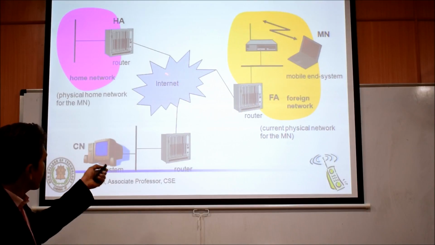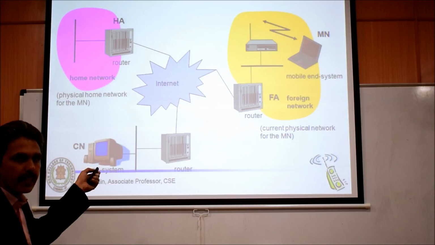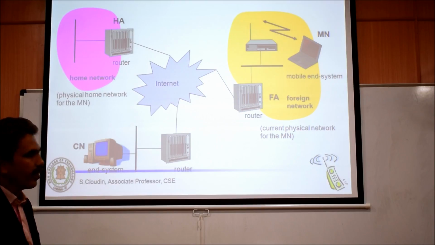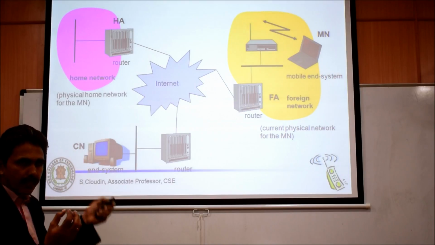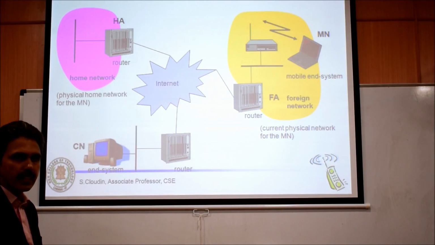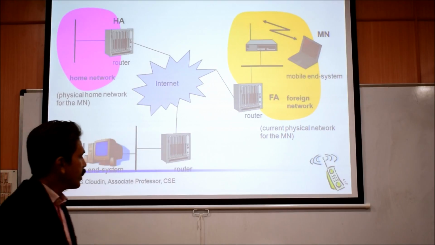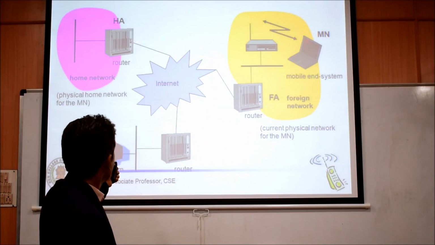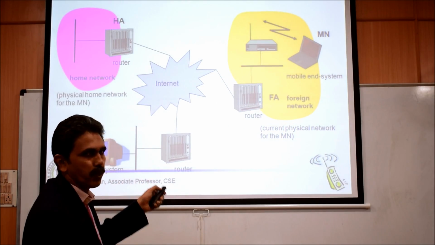Now he is sending a packet to the home network by knowing the IP address of the mobile node. After the home agent receives the packet, it comes to know that the mobile node is not within that particular network. So it has to transfer the message to the foreign network.